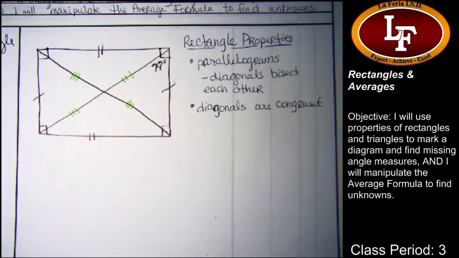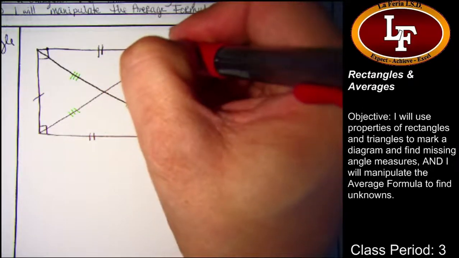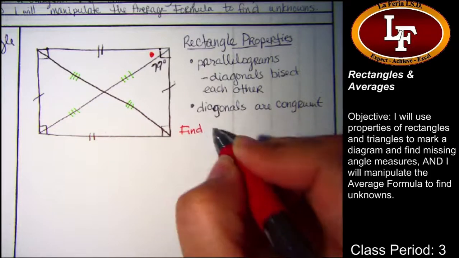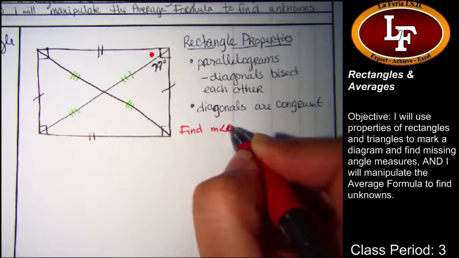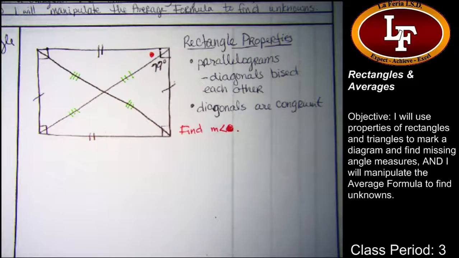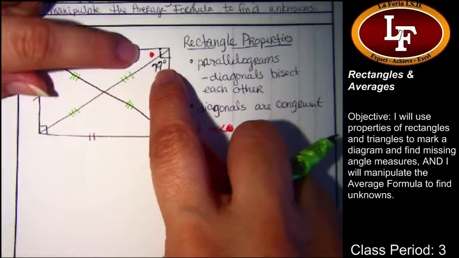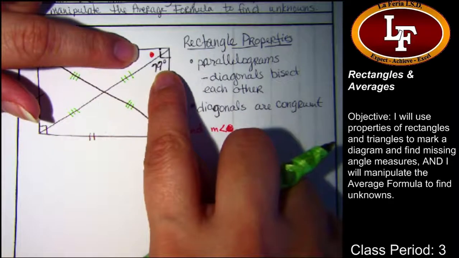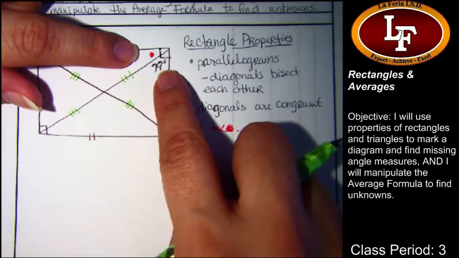Awesome. So if the question you were asked was, hey, find the measure of the red angle, what would you do? Is it the same as the 79? No, it is not. It could be, but there's no guarantee that it is.